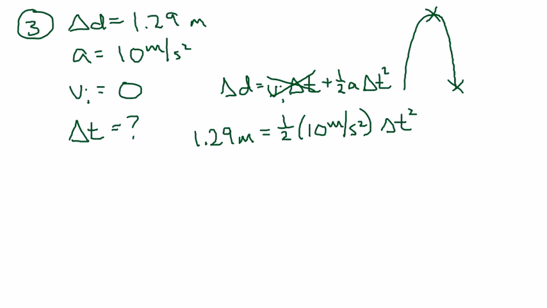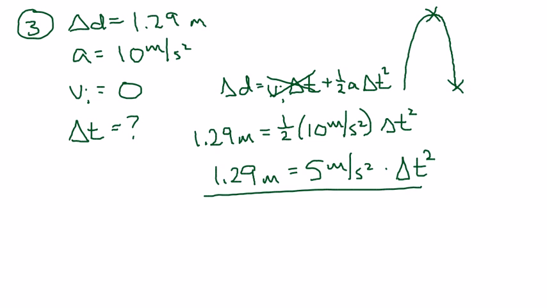If we multiply some things together there, we're going to be left with 1.29 meters equals 5 meters per second squared times delta T squared.